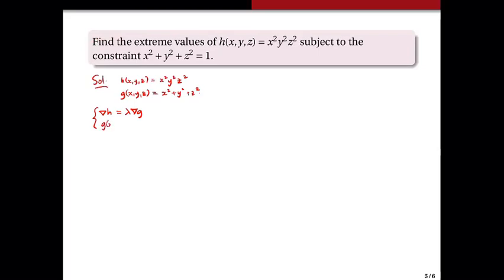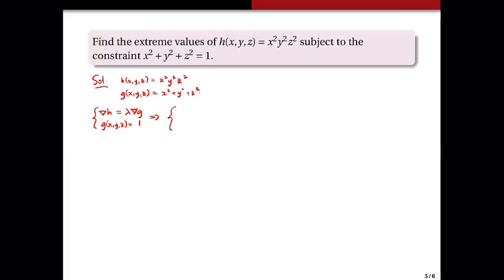And then your g of x, y, z is equal to 1. So take note, we have functions with three variables. Okay? And then including the lambda, we will have 4 unknowns.